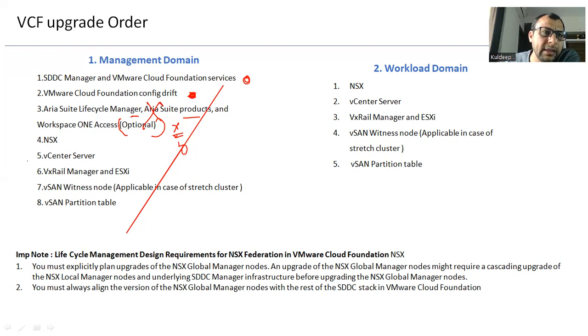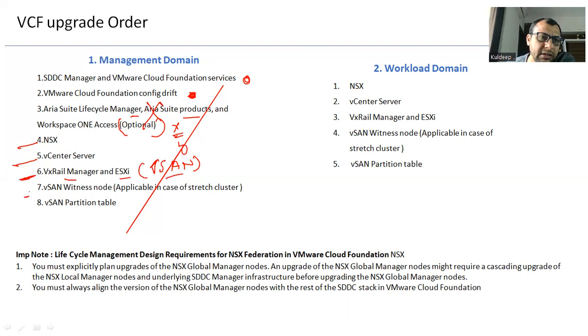Then the next components are NSX and vCenter, and if you have a VxRail environment, then for ESXi you have to upgrade that. And if you have the traditional vSAN ready node, you just upgrade with SDDC Manager LCM or the custom image that you have to post to SDDC Manager.